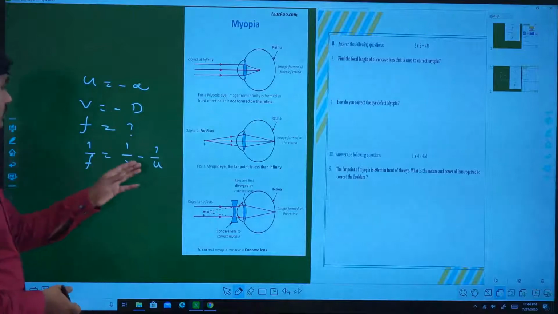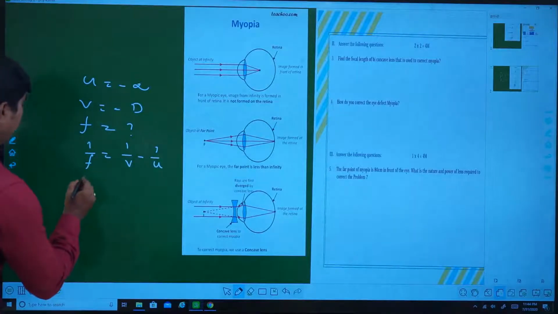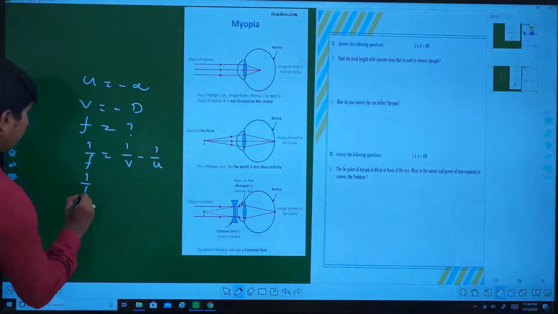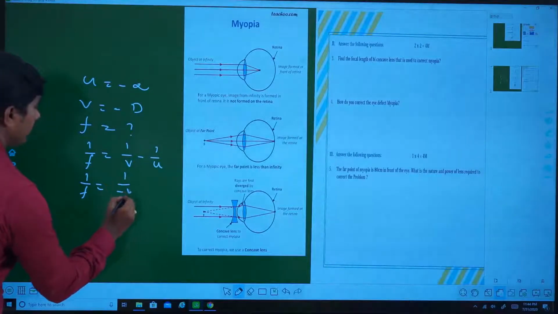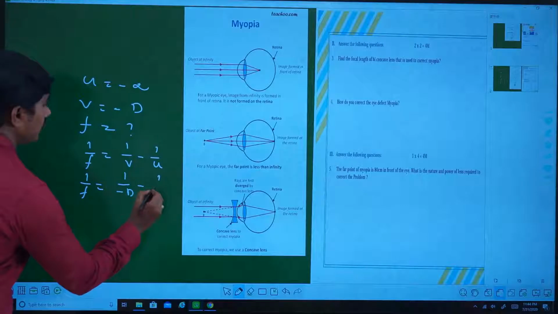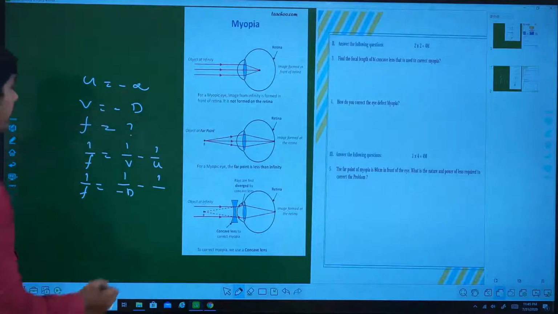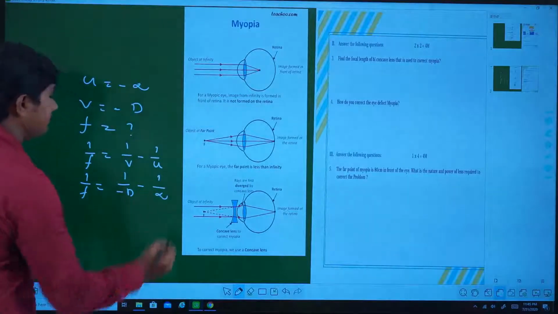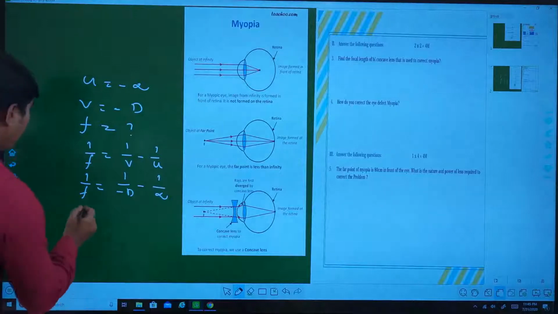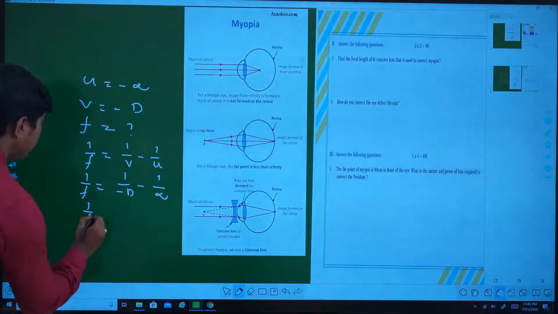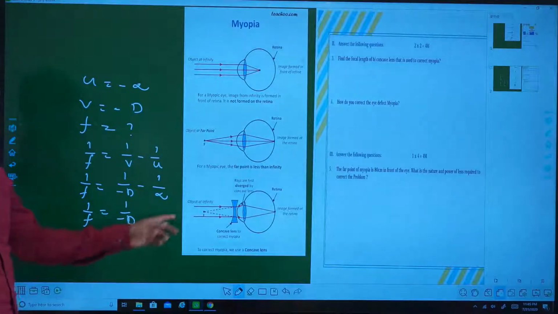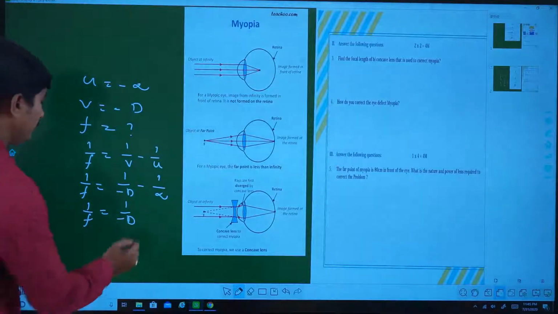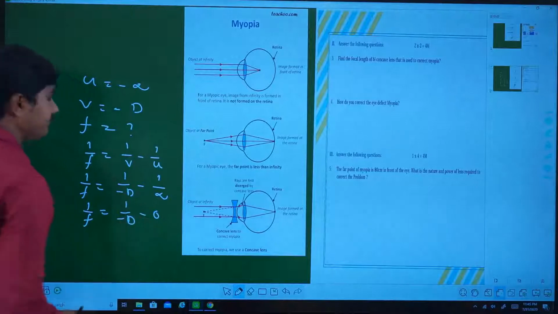Now substitute the values in the lens formula. 1 by f is equal to 1 by minus d minus 1 by u, where u is infinity. Here 1 by infinity is 0, so 1 by f is equal to 1 by minus d.